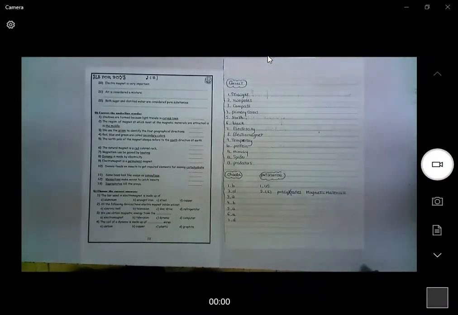The correct answer would be D, refrigerator. 3. We can obtain magnetic energy from A, electromagnet, B, television, C, dynamo, D, computer. The correct answer will be A, electromagnet. 4. The coil of the dynamo is made up of wires of A, carbon, B, copper, C, plastic, D, graphite. So the correct answer will be B, copper.